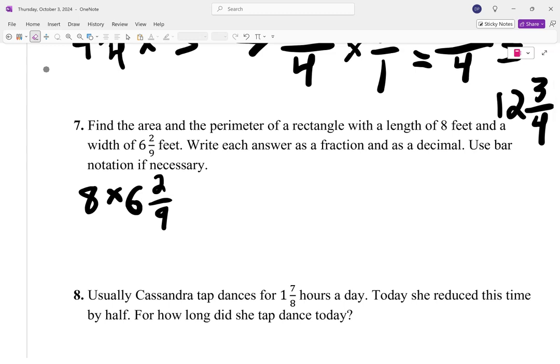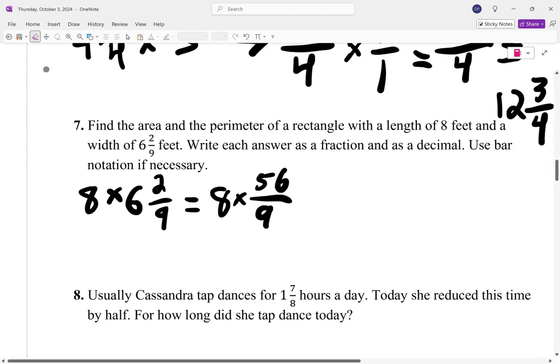How did you do it? I turned 6 and 2 ninths into an improper fraction. Okay, I think you can do it without doing that, but yeah. So, 56 over 9? Yeah. I put a 1 under 8 and multiply. And let's see. This can't be reduced, so what's 8 times 56?